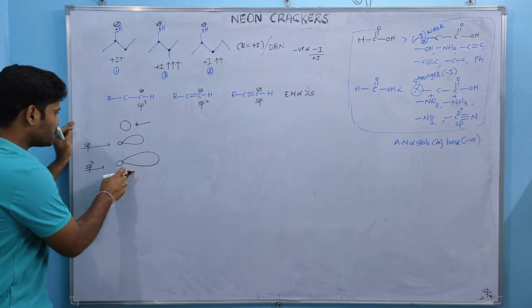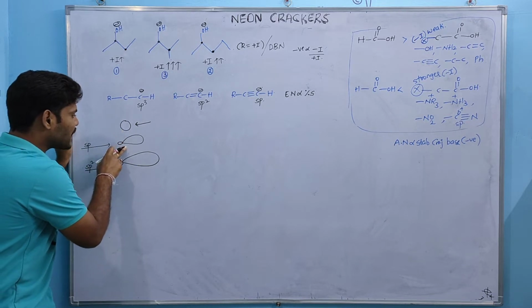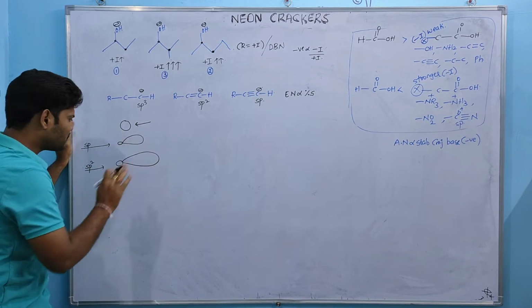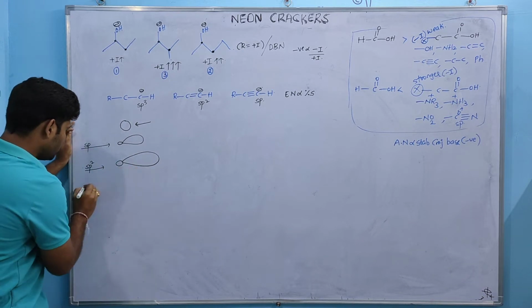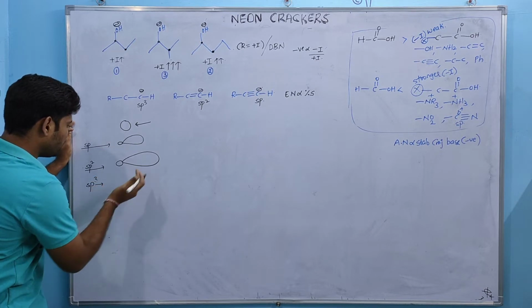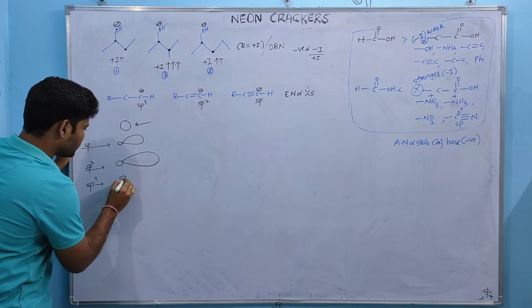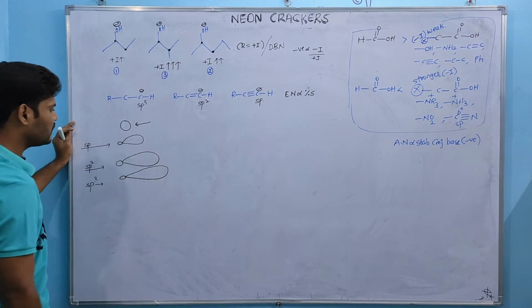Compare a pure s orbital with an sp hybrid orbital; of course, there are two, and I am taking one. For sp2 there are three, and I am taking one. The next one is sp3. As the p character increases, the bond length increases, meaning the orbital length is increased.